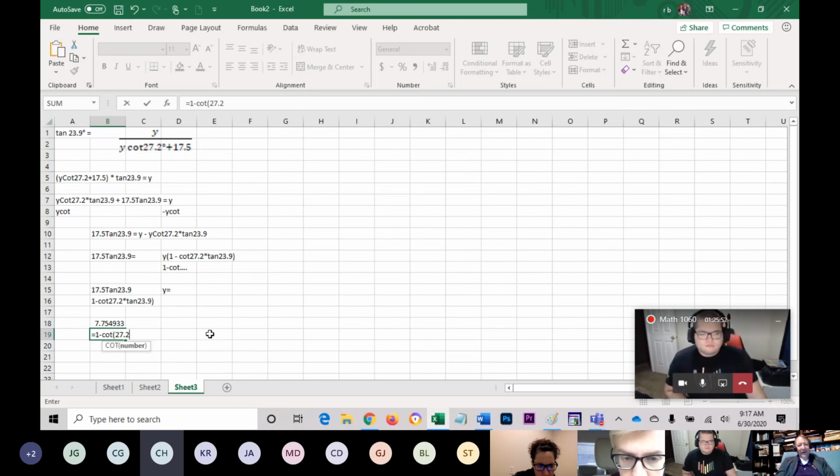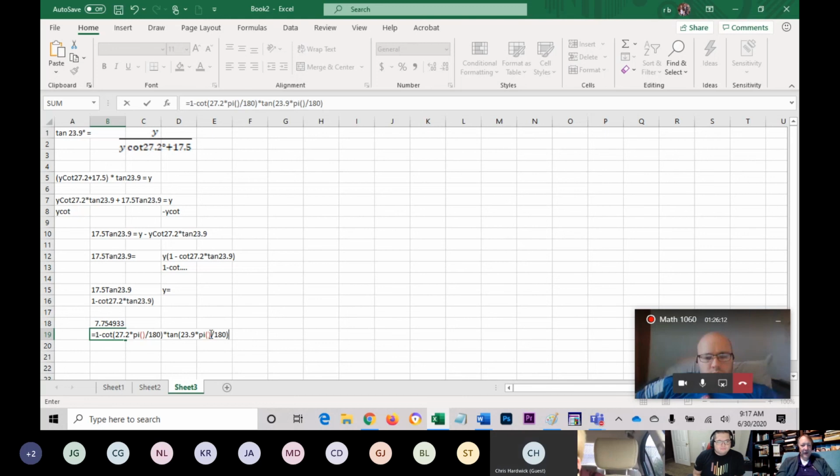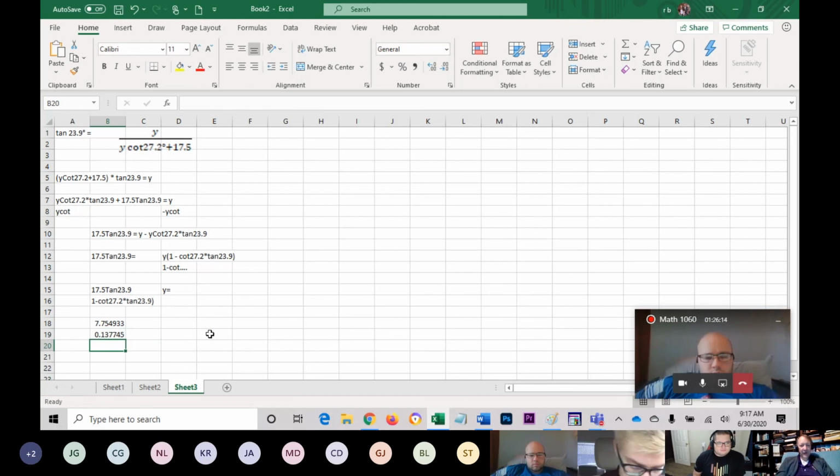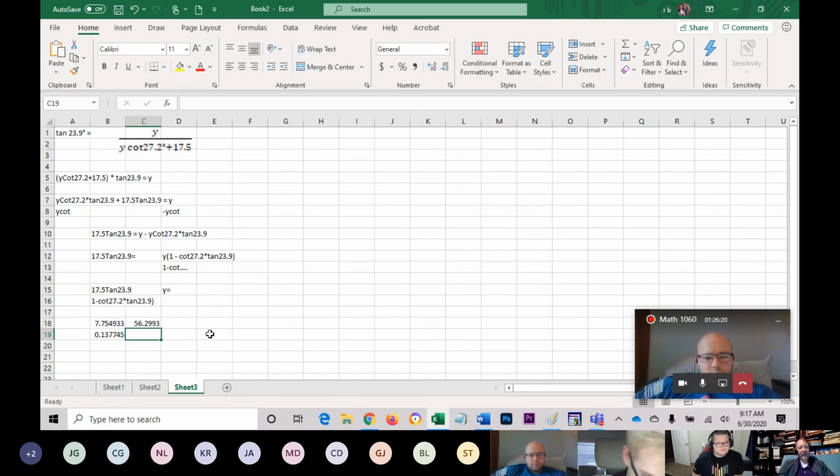Once again, this requires radians, times pi divided by 180, times the tangent of 23.9. Once again, this needs to be in radians, so I'm going to multiply that by pi divided by 180. I put all my parentheses in there. And at this point, I take the numerator divided by the denominator, and I get 56.2993.